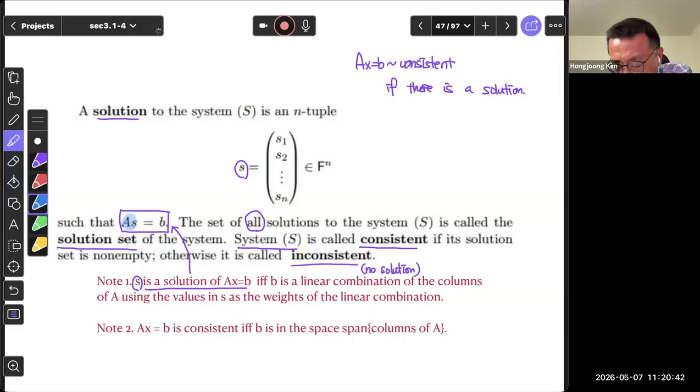So s is a solution of Ax equals b, so that A times s becomes b, if and only if this b, the vector on the right, is a linear combination of the columns of the A matrix. And of course, the coefficients of the linear combination will be the entries of the vector s.